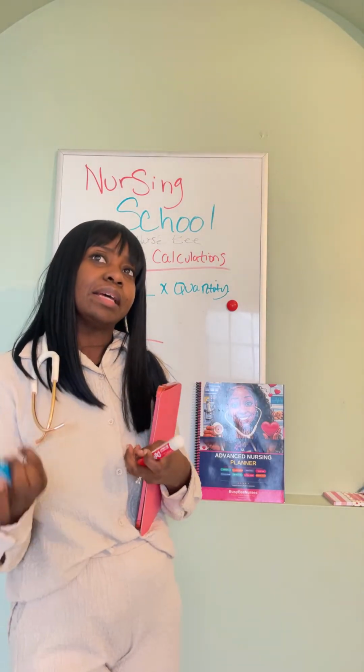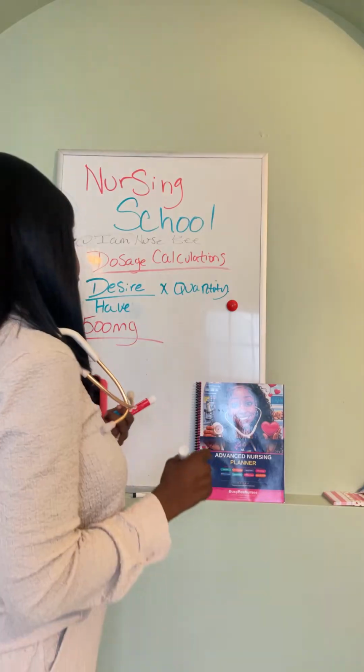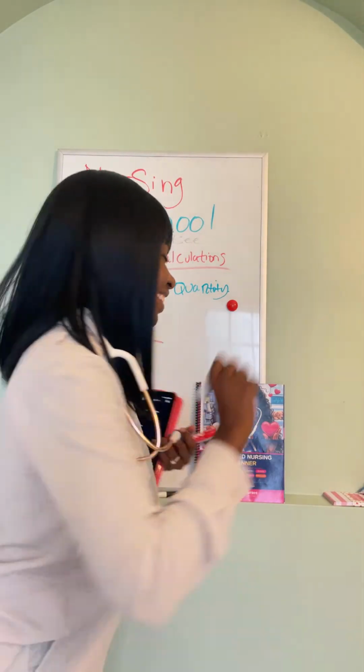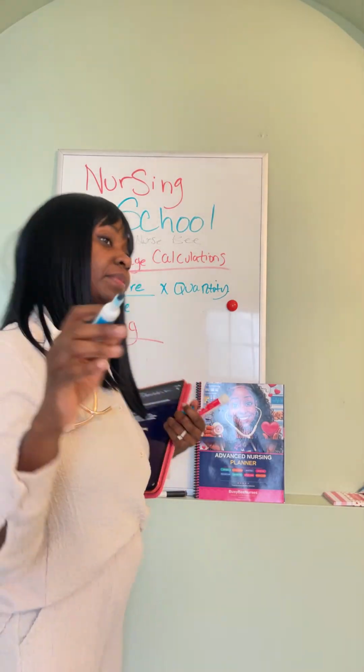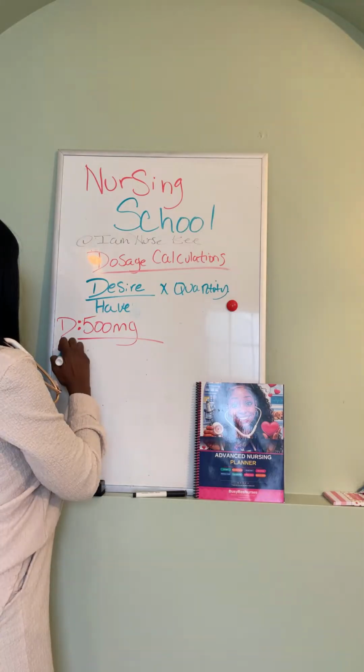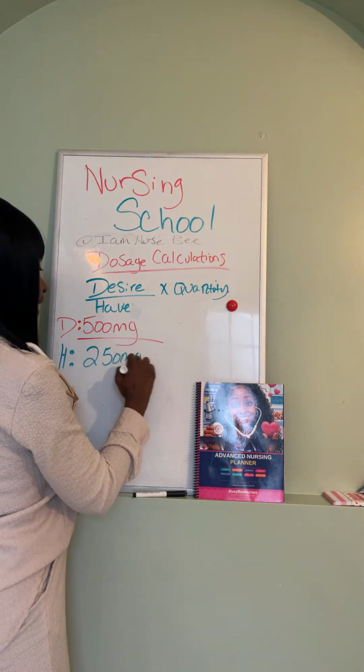And then you say, well, doctor, we only have 250 milligrams. He's going to say, excuse me, figure it out. So what you have on hand is 250 milligrams of Tylenol.